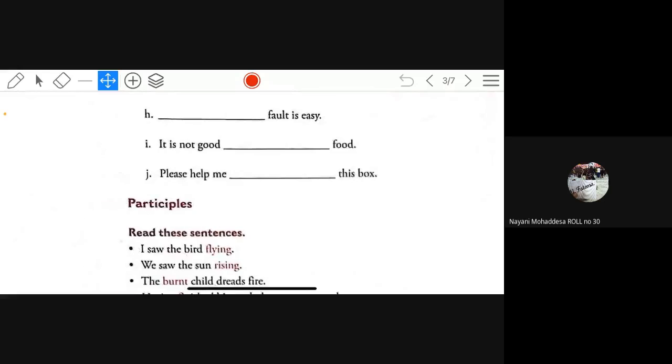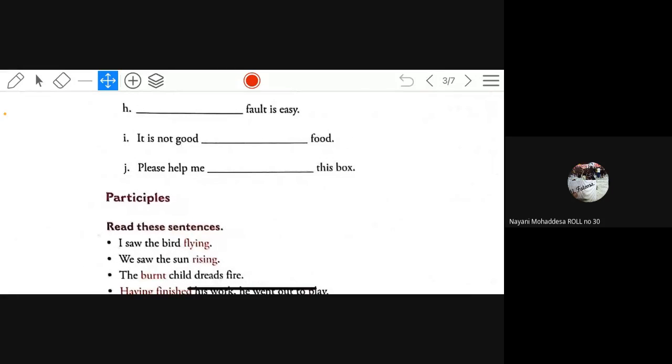Continue. Dash fault is easy. Fault means mistake. To show. Yes.